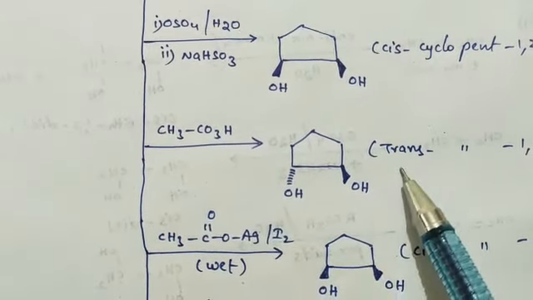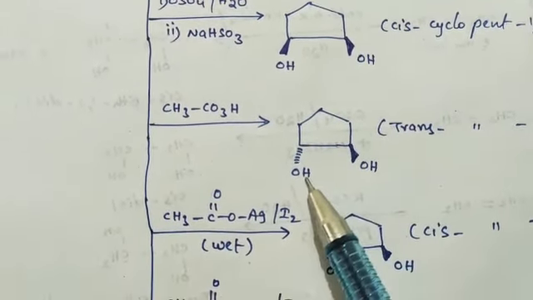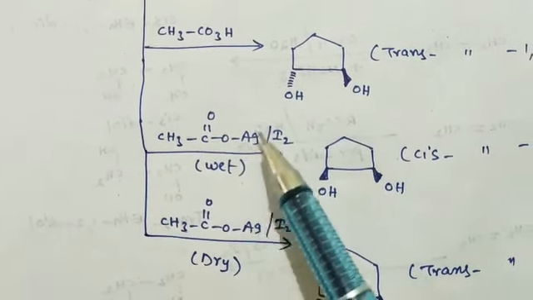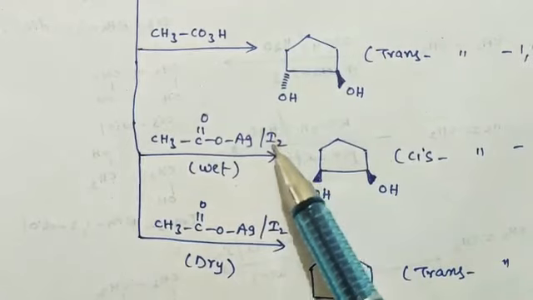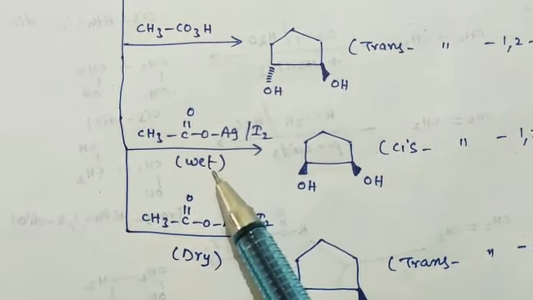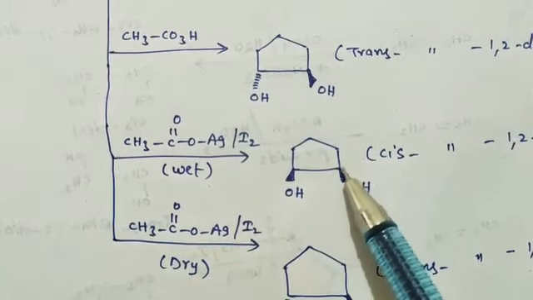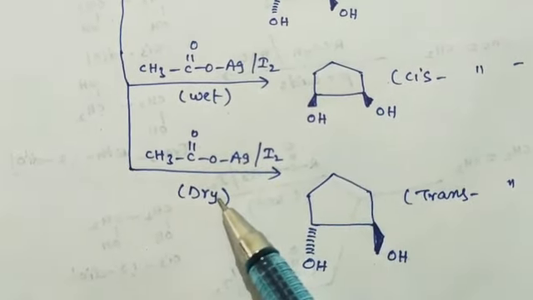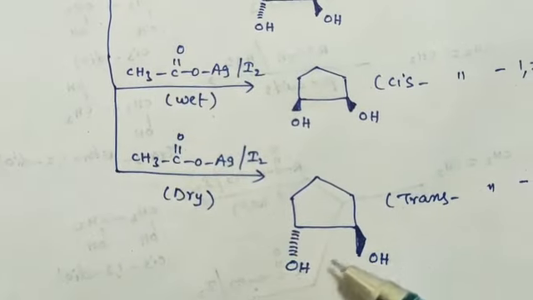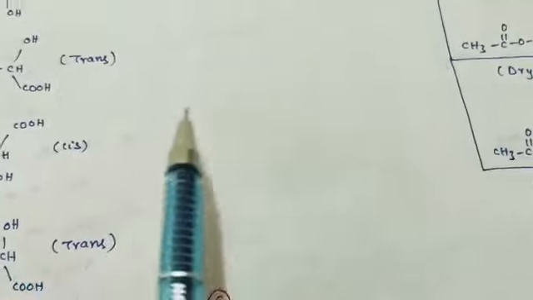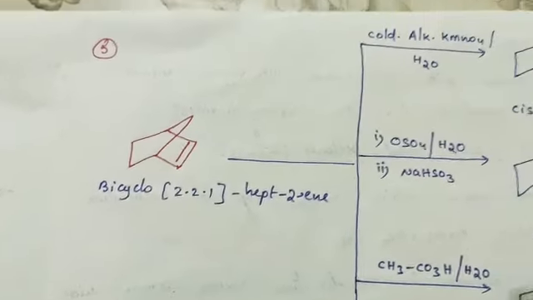Then it forms a trans compound, one dark line and one dotted line. For this compound we are adding silver acetate plus iodine mixture in wet conditions, called Woodward's reagent. Then 2 are in dark lines, a cis compound. If we take a dry mixture, called Prevost's reagent, then it forms 1 dark line and 1 dotted line, a trans compound.